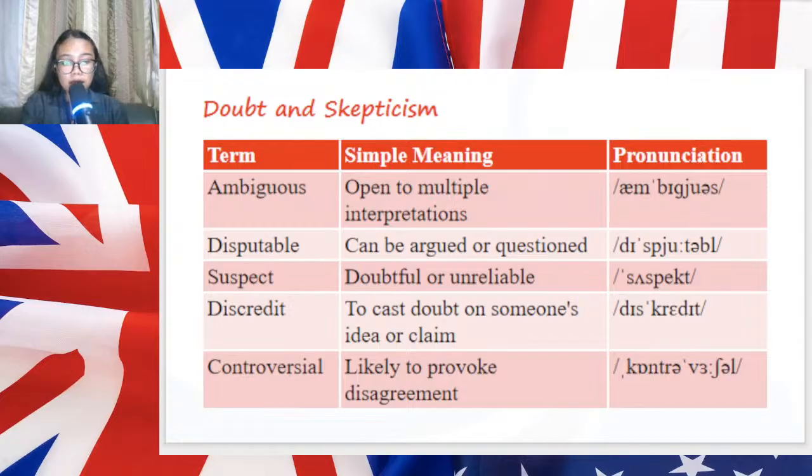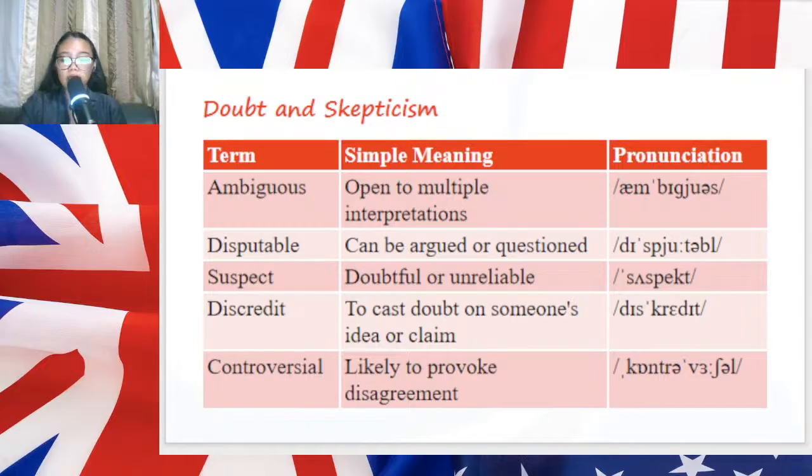Skepticism doesn't mean being negative or cynical. It means being careful and demanding reasonable proof before accepting something. Okay? All right. So these two concepts are especially important in academic writing, debates, and formal discussions. If you can express doubt in a respectful, well-worded, and logical way, it shows maturity in language use.